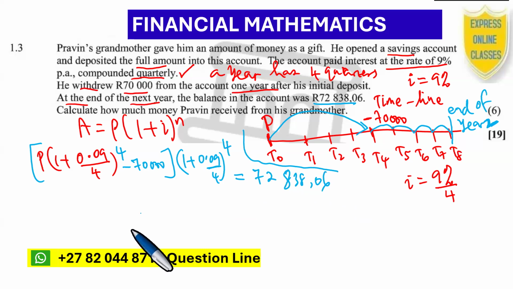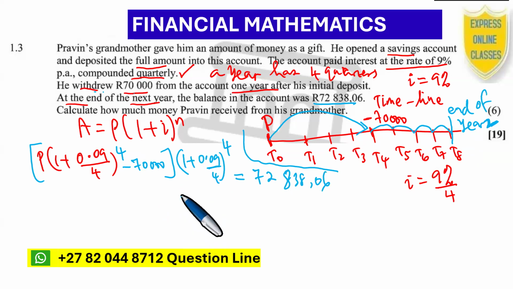So if we want to calculate the amount of money, we take the investment, we grow it for 1 year, we minus the withdrawal amount. And after we minus it, we leave it for another year. And therefore, we put an extra factor of compound interest. And then now we want to solve everything.